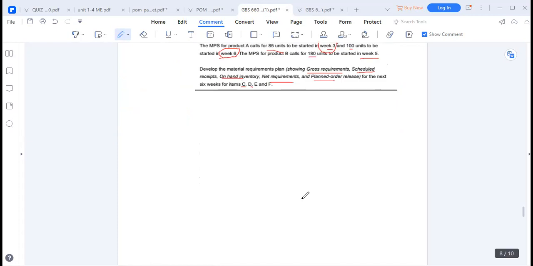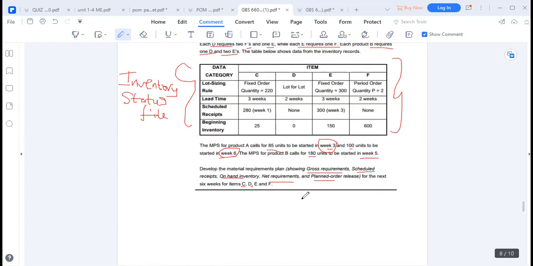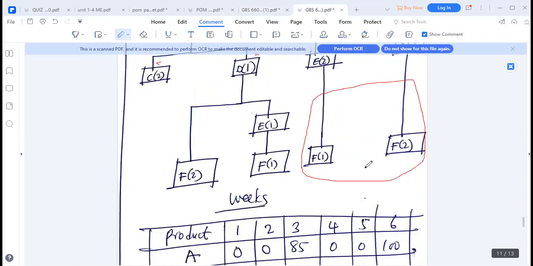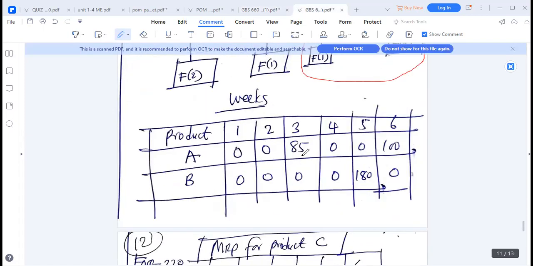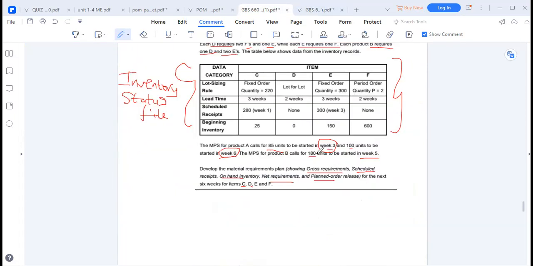All right, so now getting down to this problem, for A we have 85 in week 3 and 100. Then B is 180 in week 5, according to what they indicated in the question. So we have to know where C is coming from, where D is coming from, where E is coming from, and where F is coming from.